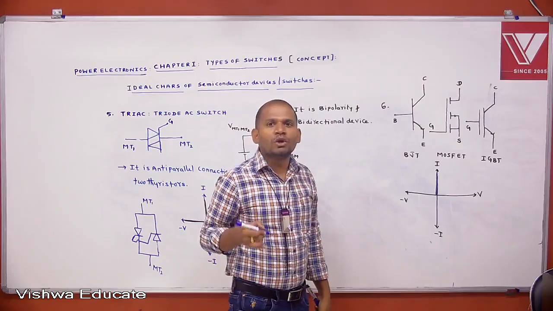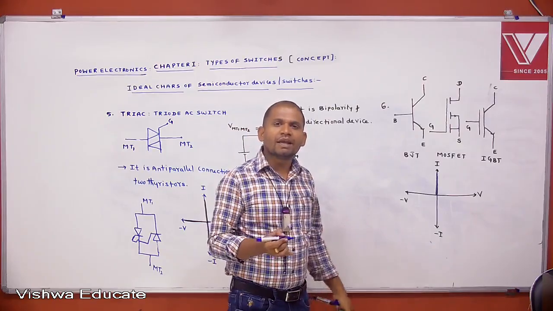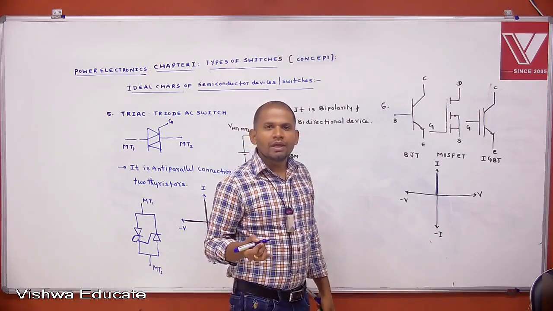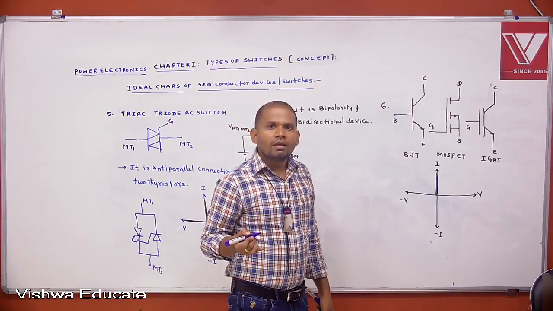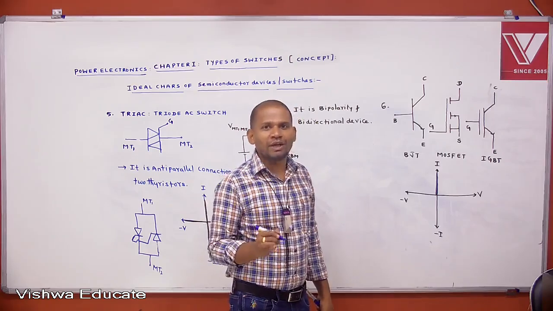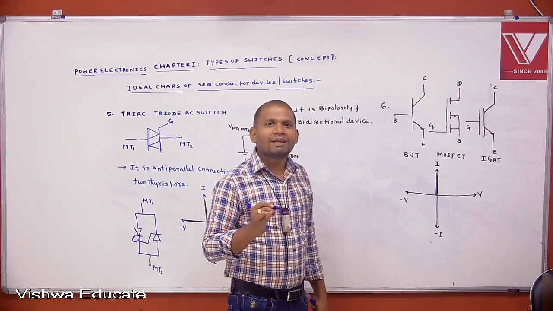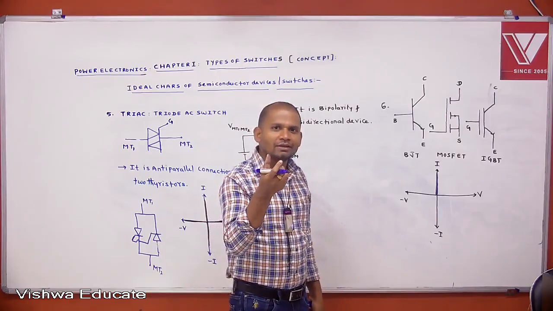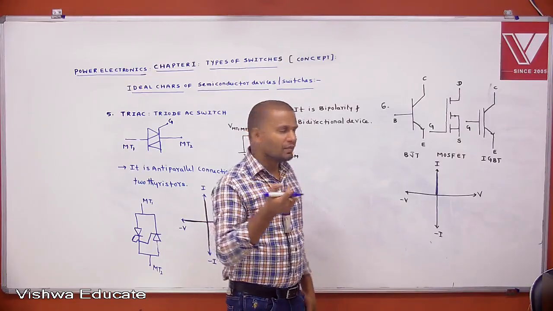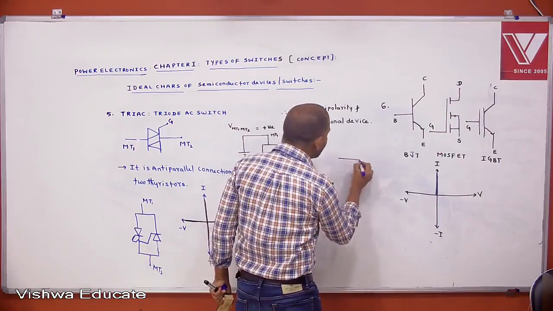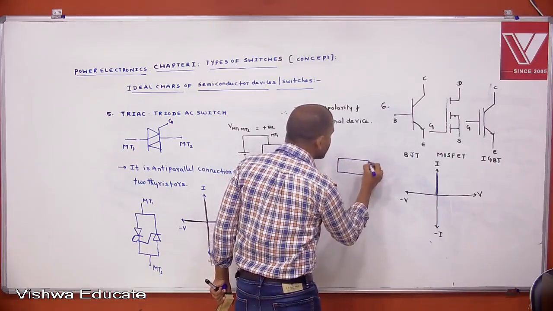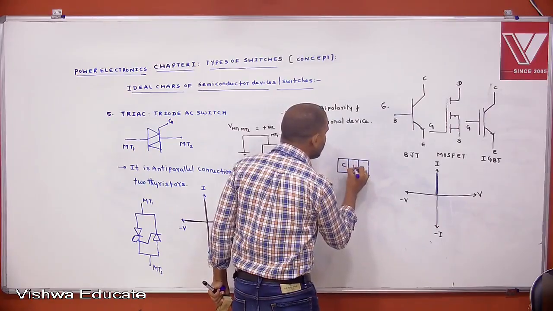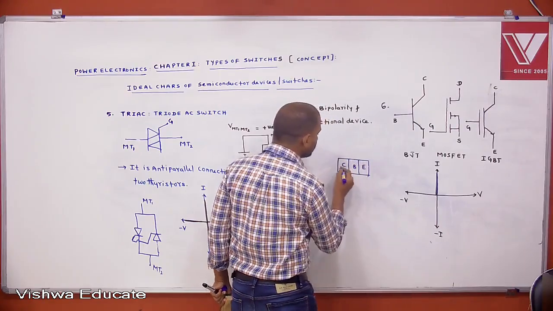For reverse voltages, BJT, MOSFET or IGBT cannot block. Take the example of a BJT: collector, base, emitter.